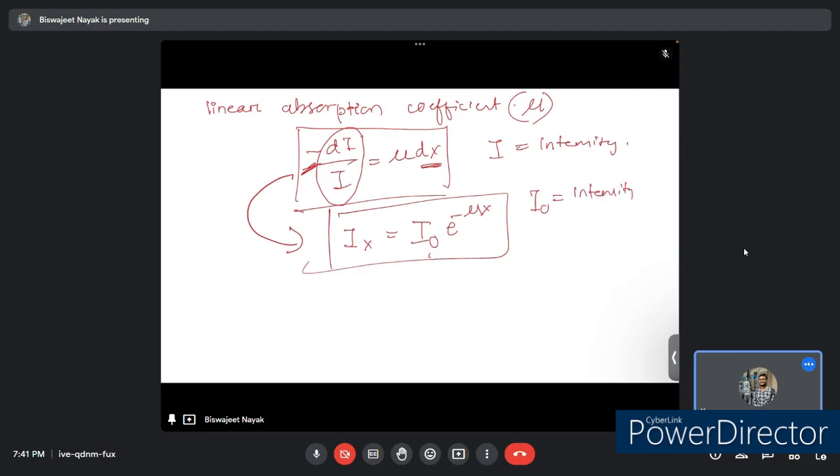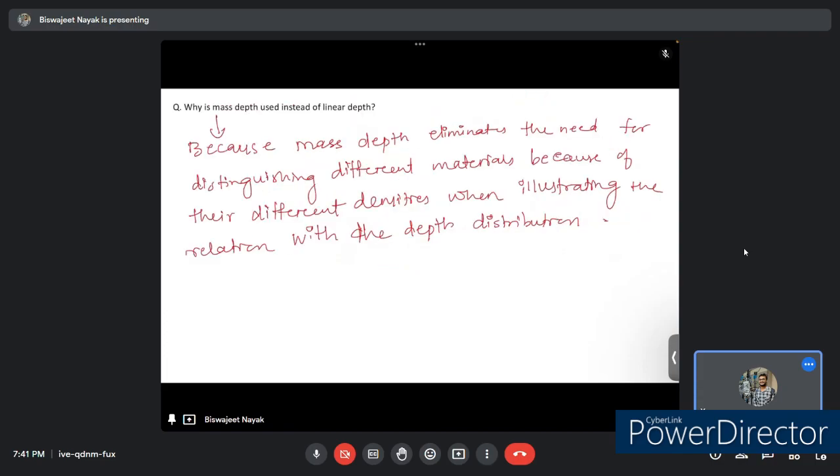The linear absorption coefficient depends on the atomic number: as the atomic number increases, the material becomes more and more dense, and this leads to more scattering of the X-ray, which eventually affects the X-ray spatial resolution, which is not the case for the lower atomic number.